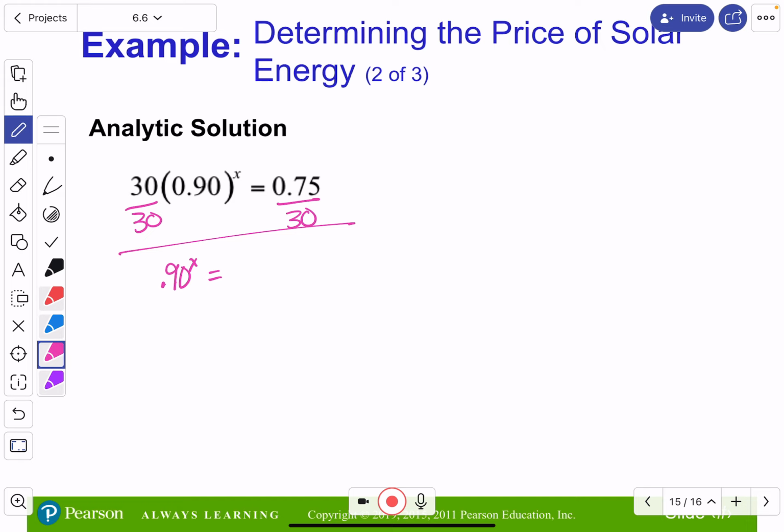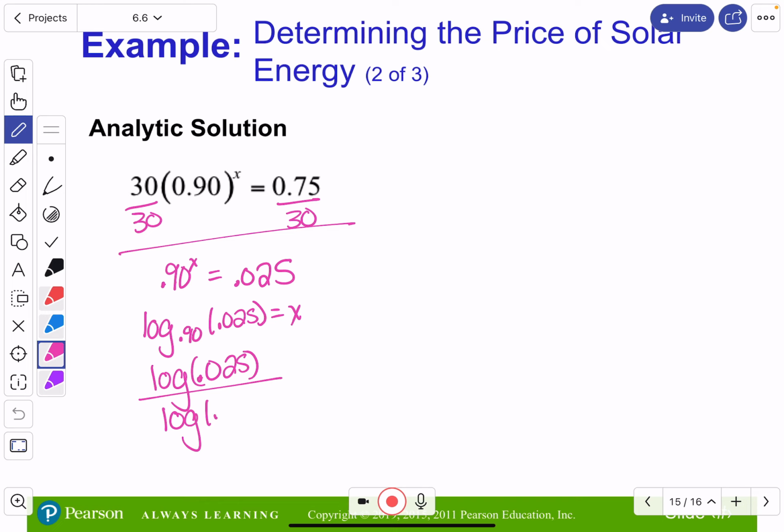0.025. Log base 0.90 of 0.025 equals x. Change of base puts the argument on top and the base on the bottom. If you type that in the calculator, you get x equals 35.